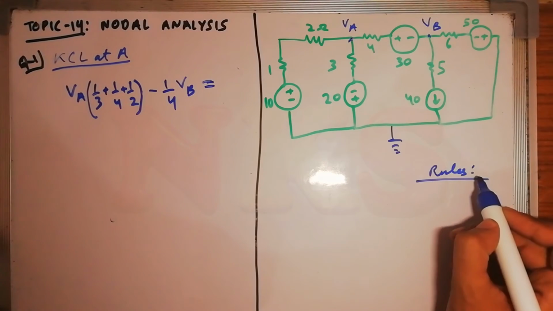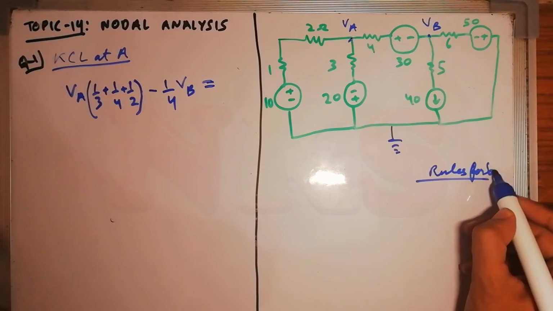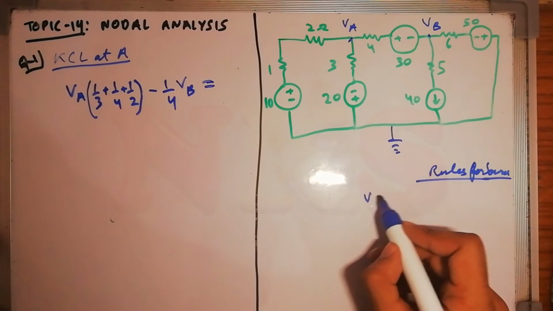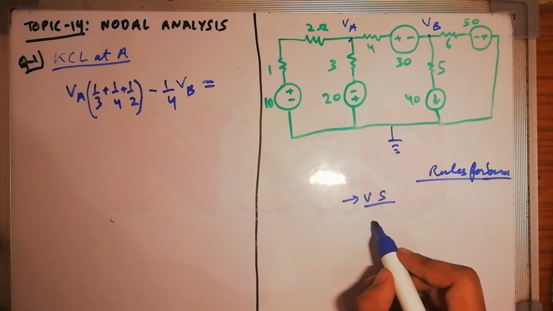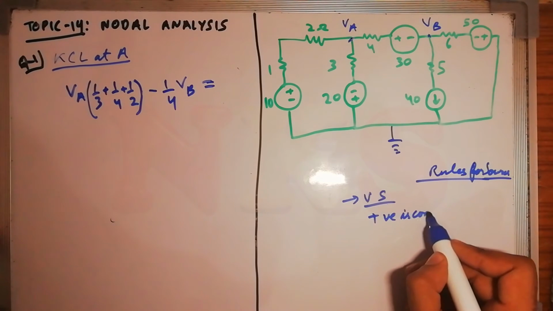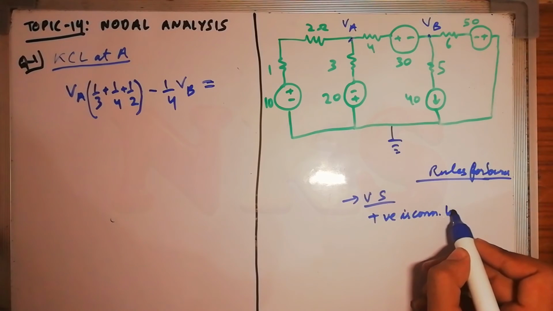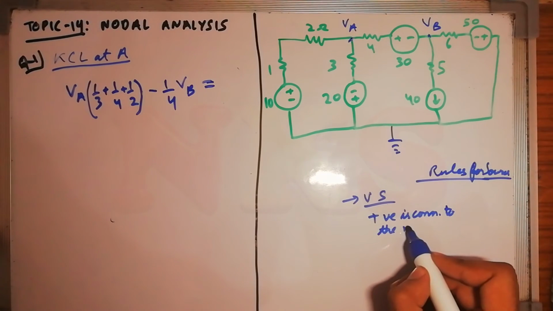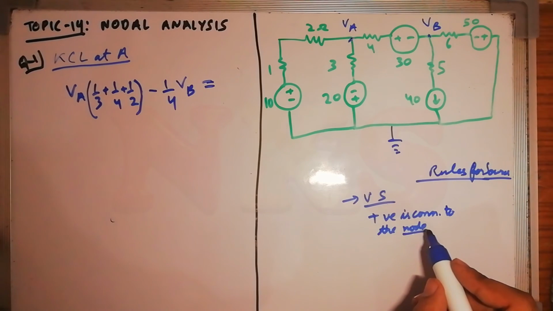Okay, for sources. So first for voltage source, see, if positive of the voltage source is connected to the node, which node? The node at which we are writing the KCL.